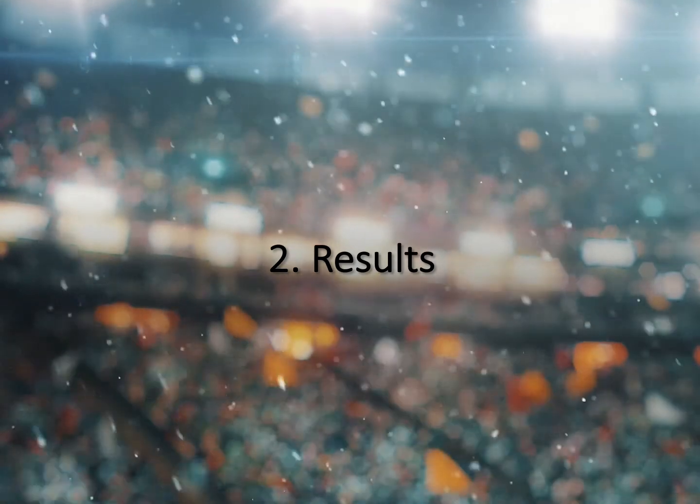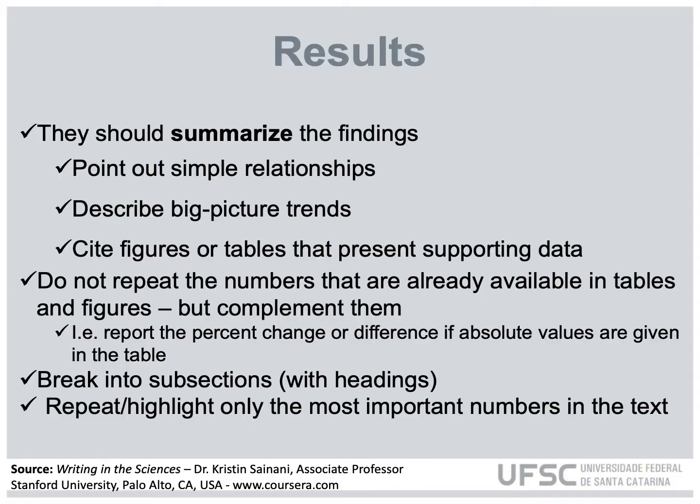Now the results. They should summarize the findings, point out simple relationships, describe big picture trends, and cite figures or tables that present supporting data. Do not repeat the numbers that are already available in tables and figures, but complement them.